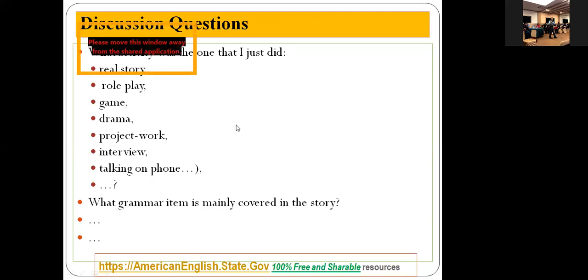A real story, that's good. Contextual matter, real story, funny story, great. Talking over phone, great. Real story, texting message. Okay, thank you everybody.